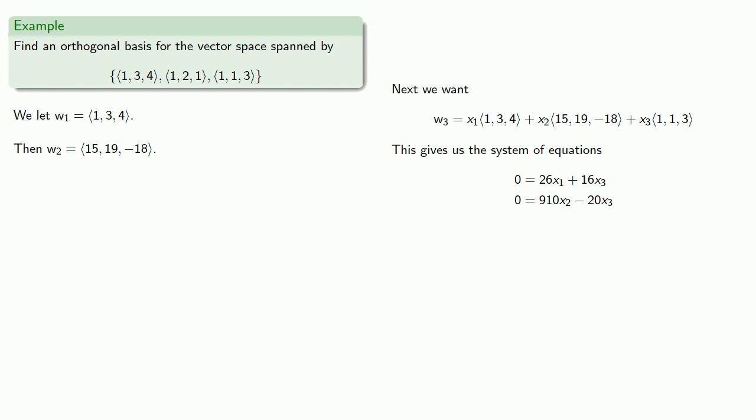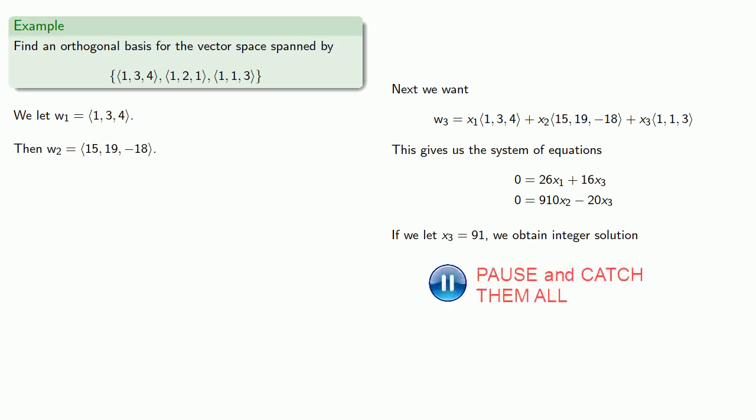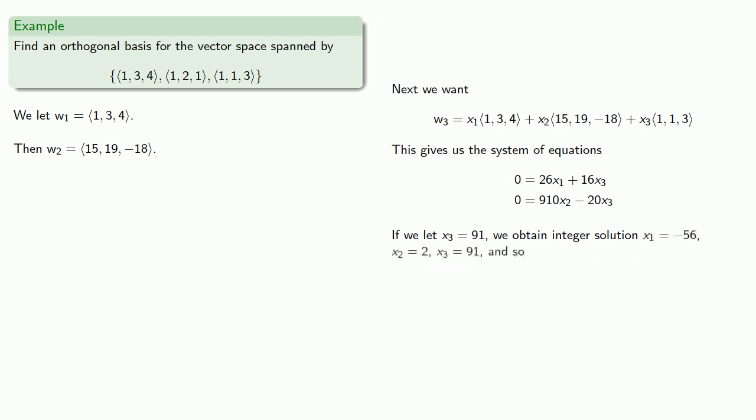Incidentally, a good check is that since the only non-orthogonal vector is supposed to be this last one, each equation should only contain this last variable and one of the other variables. It's a nice continuing check on our work. And we can parameterize it. If we let x3 equal, well, how about 91, we obtain integer solutions, which gives us W3.